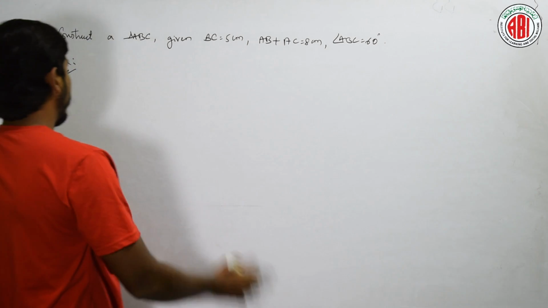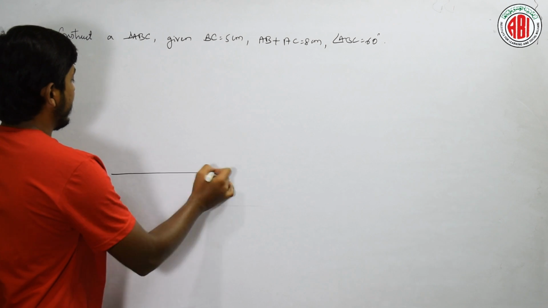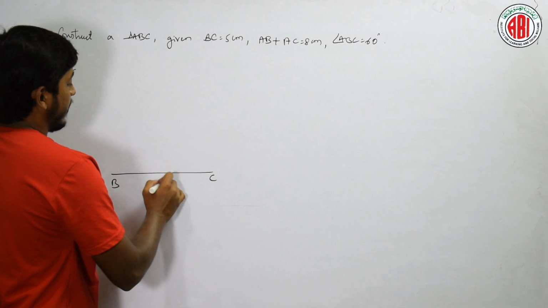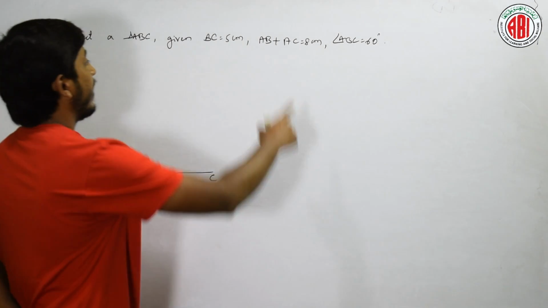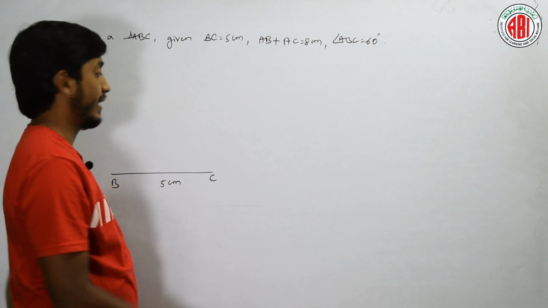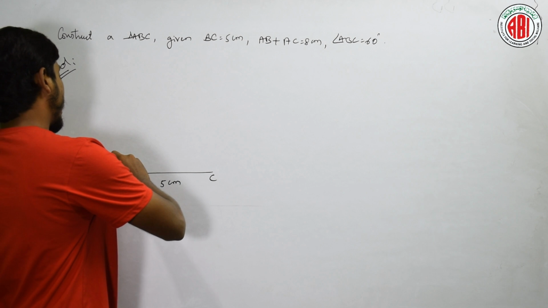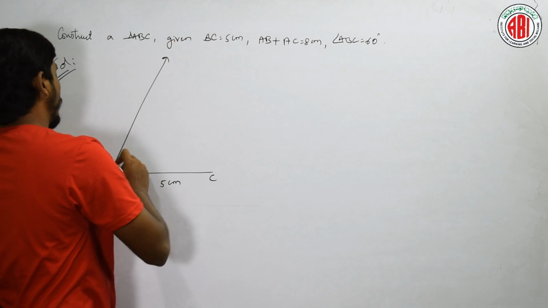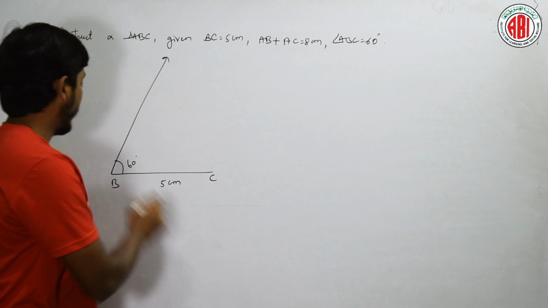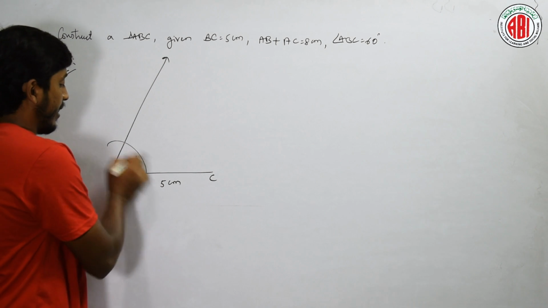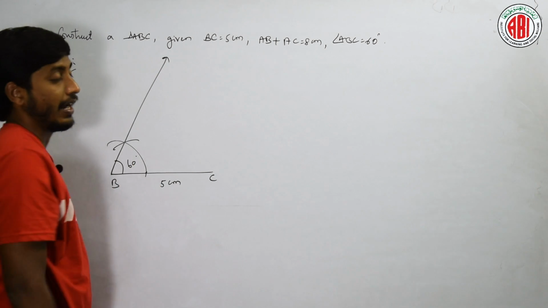Now, the first step, take BC as 5 centimeters. Then angle ABC as 60, that is at B, draw an angle of 60 degrees. Hope you all know how to draw it. Yes, you can draw an arc like this. Again with this center you can cut an arc.